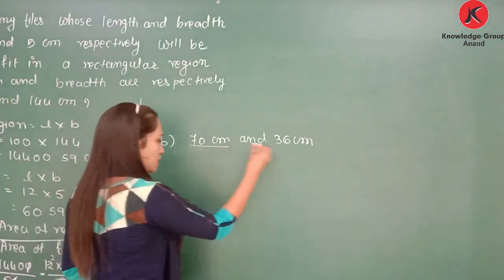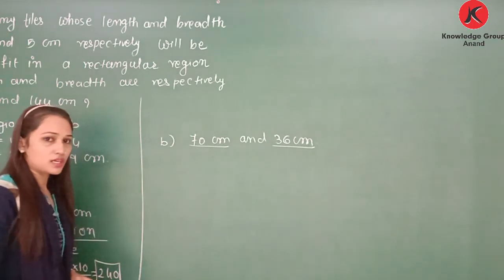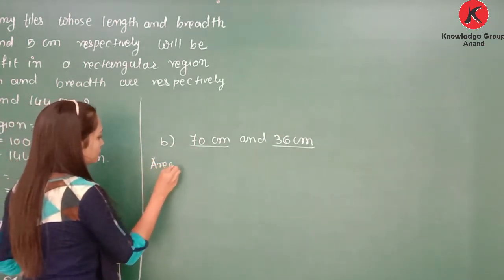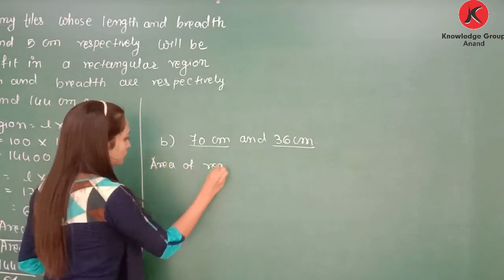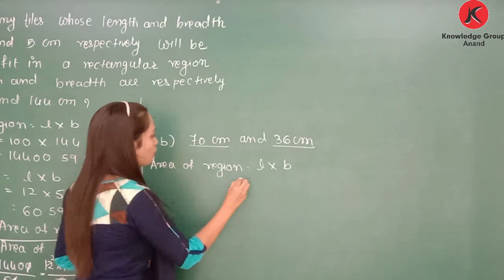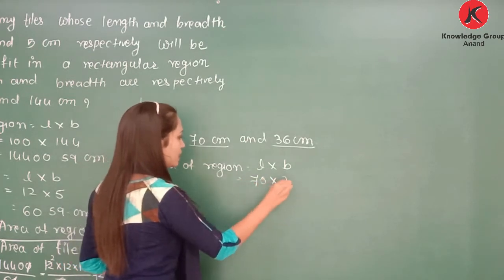Length is 70 centimeter and breadth is 36 centimeter. So again we find the area of the region. That is L multiplied B. Now here it is 70 multiplied 36.